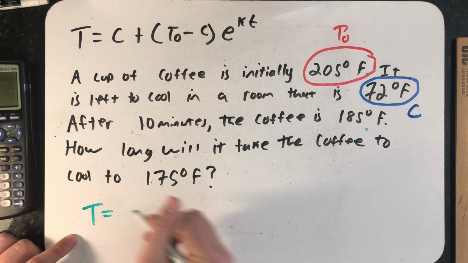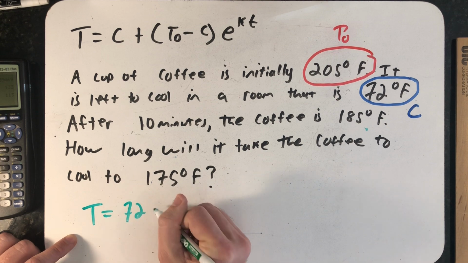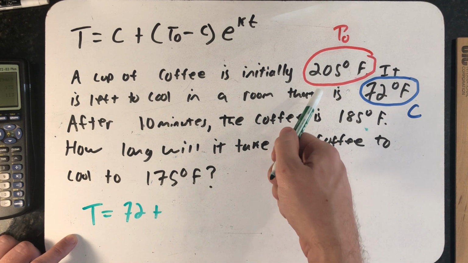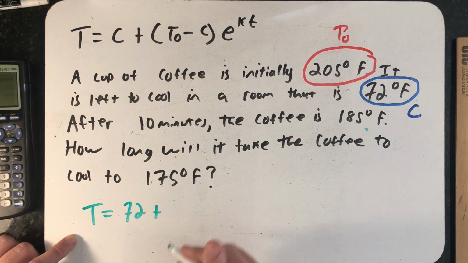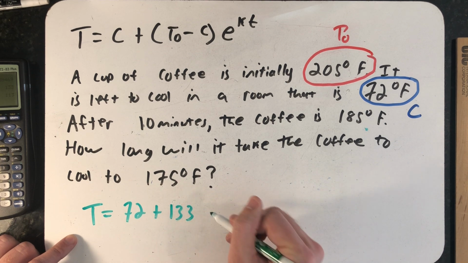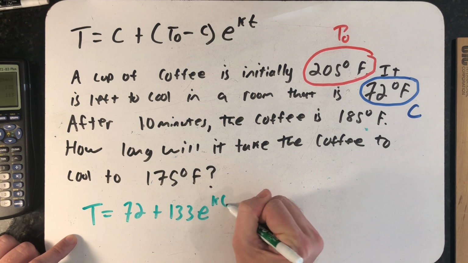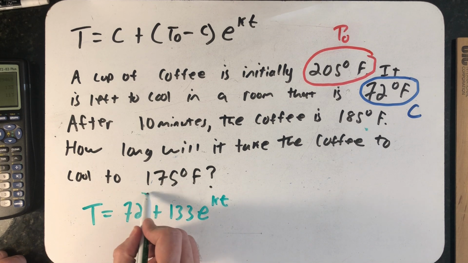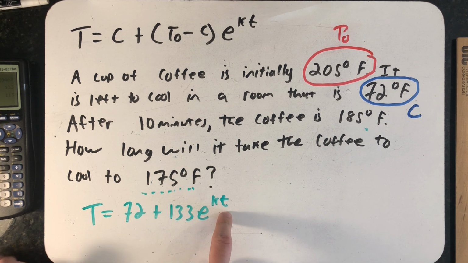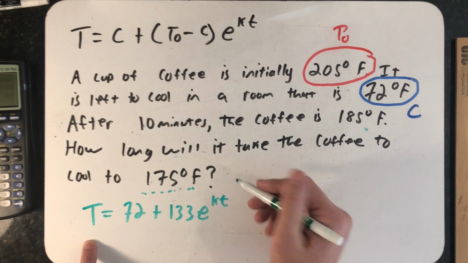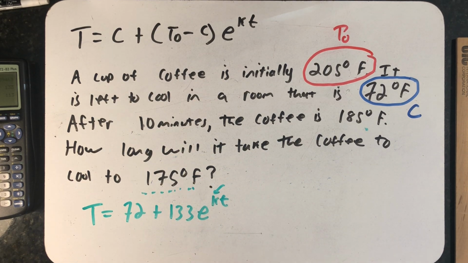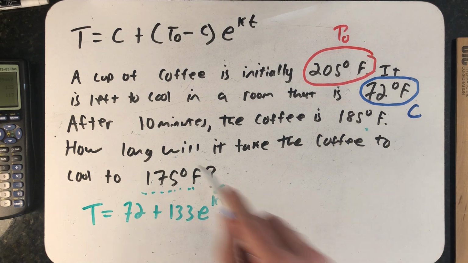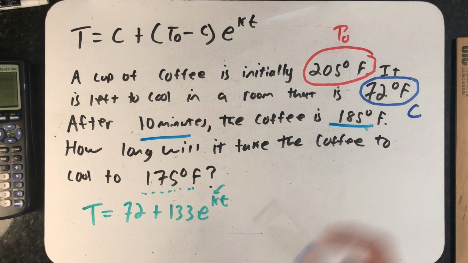Capital T is equal to 72 plus the difference between 205 and 72, which is 133, e to the kt. I'm supposed to find little t when big T is 175. Well, that would be very easy if I knew a value for k. So I'm hoping that's what this information is going to help me figure out.